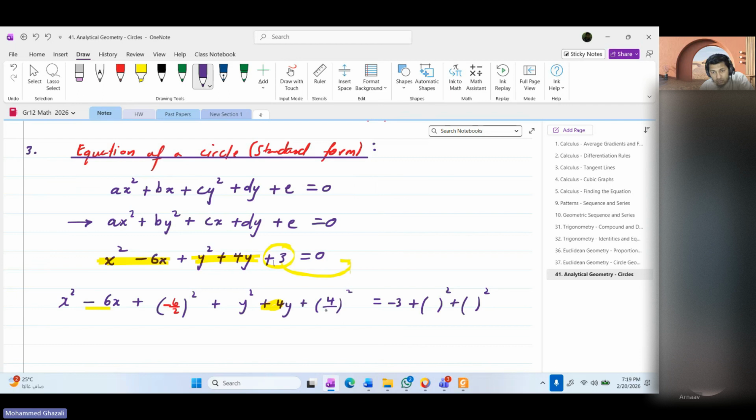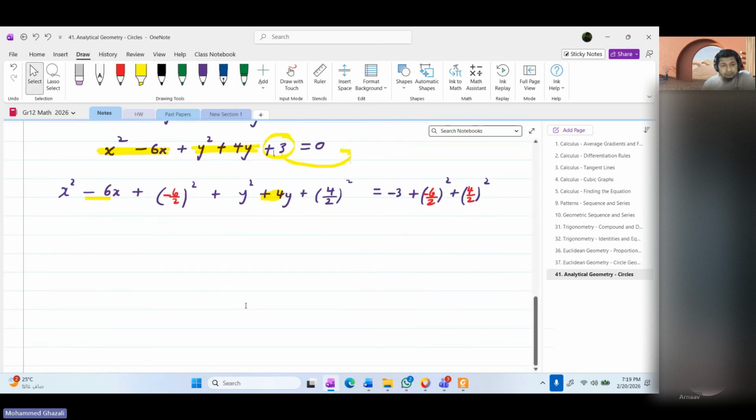So you get 4 divided by 2. You're going to do the same on the other side. Okay? Now, great. We have something here. So automatically this here will become a perfect square.